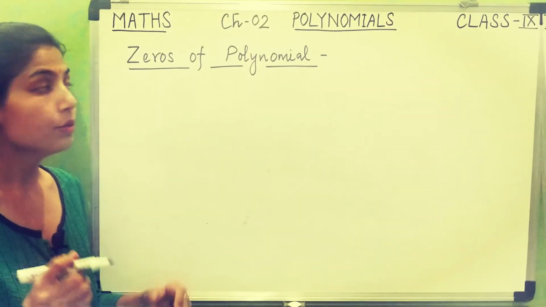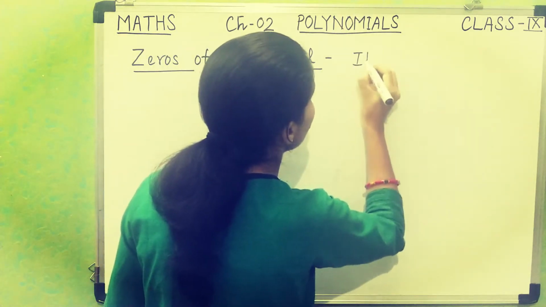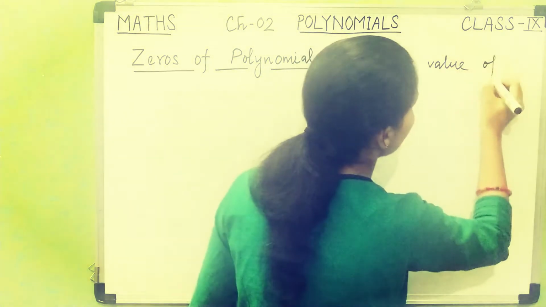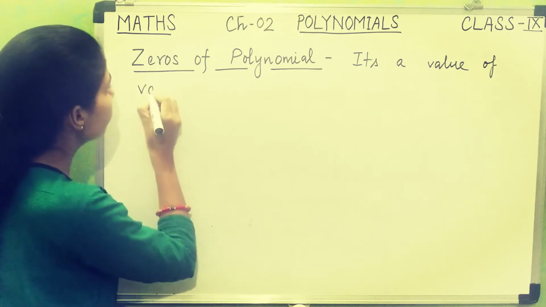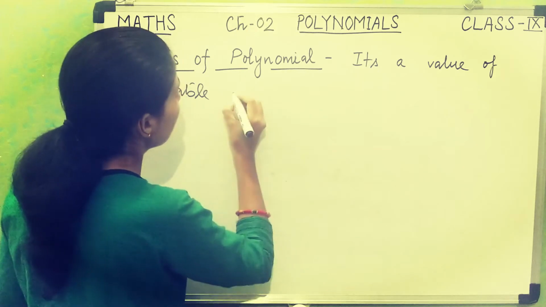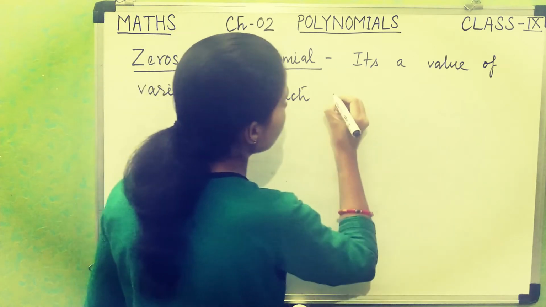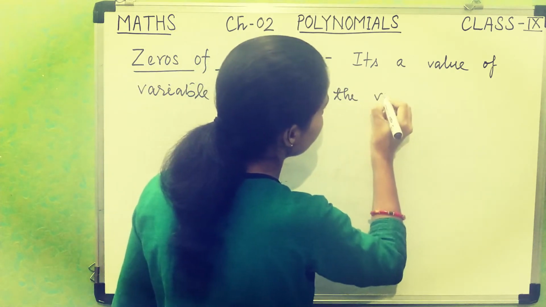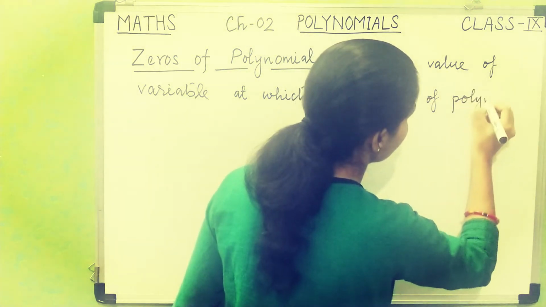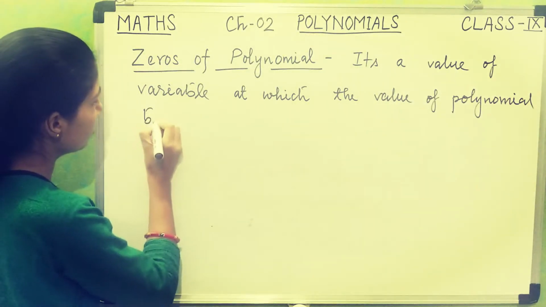Okay, so how to define the zero of a polynomial? It's a value of the variable at which the value of the polynomial becomes 0.